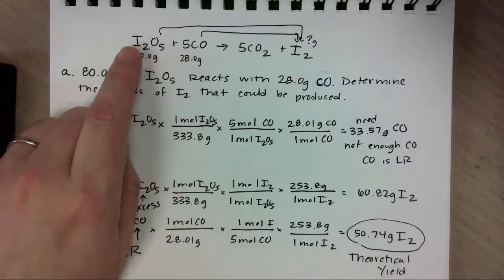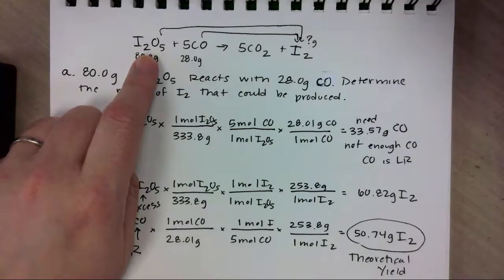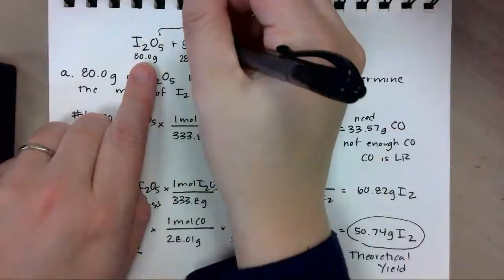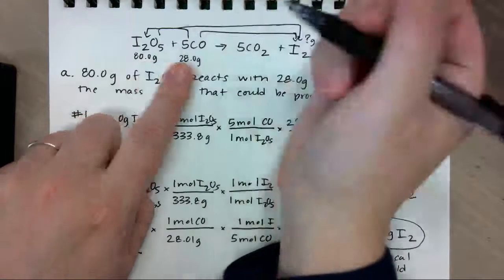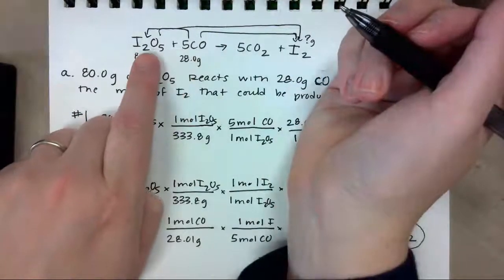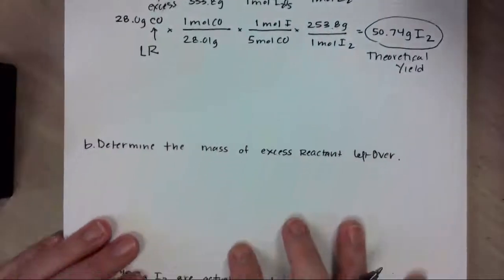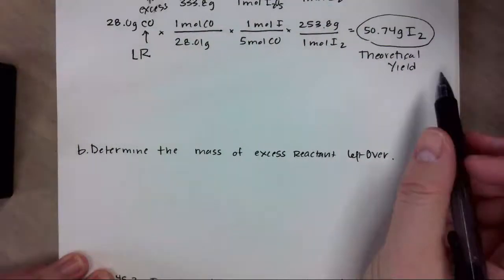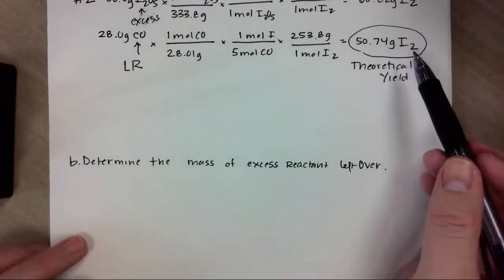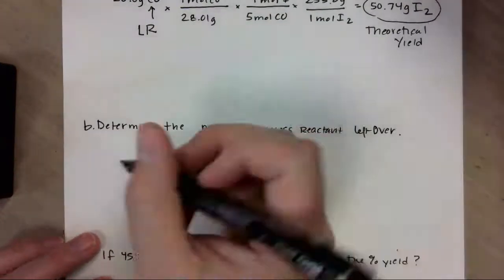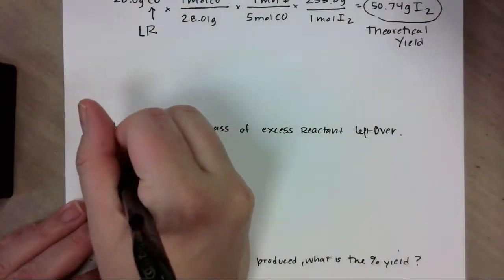I need to figure out how much of this reacted in that process. So if it feels like it's more stoichiometry, that's because it is. So for my excess calculation, I'm going to go from my limiting reactant to my excess to figure out how much was used. Okay. I would not go from my theoretical yield just in case I screwed that up, just as a heads up. So I'm going to start over again with more stoichiometry.